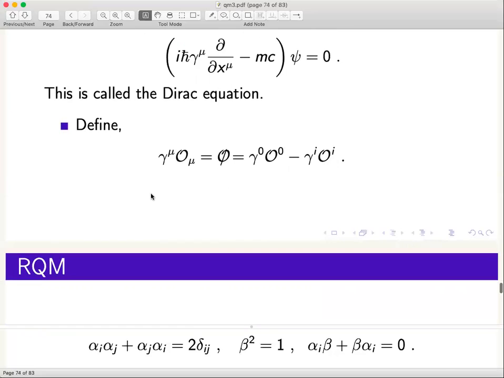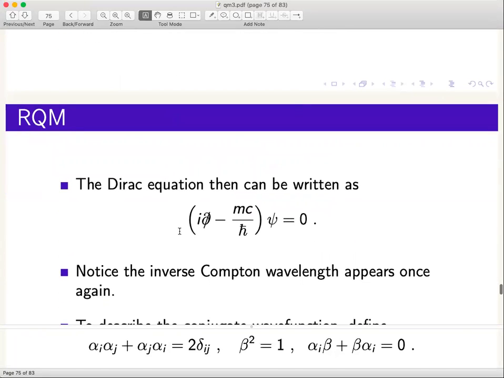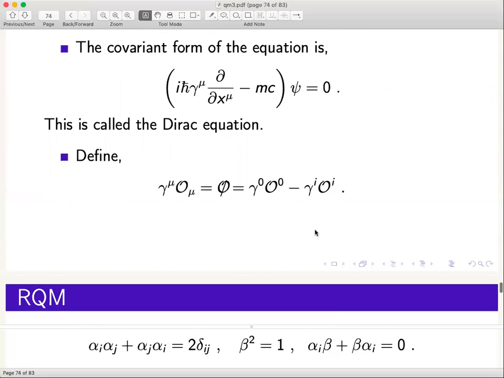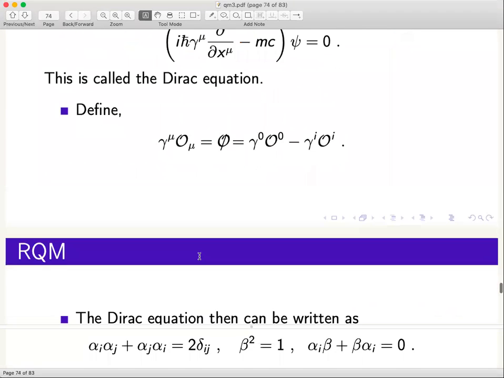With this notation, the Dirac equation looks like i del slash minus m c upon h bar acting on psi equals 0. This is a more economical way of writing the same expression, which effectively uses the fact that it is gamma mu times an appropriate operator.